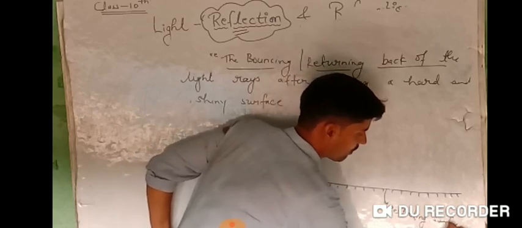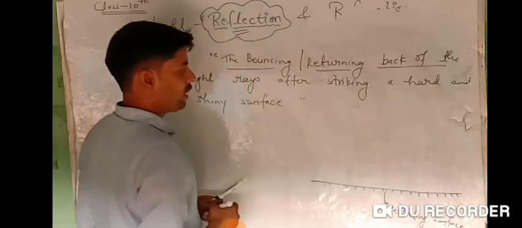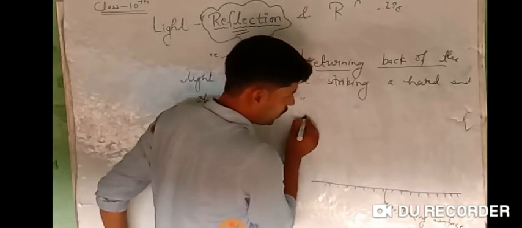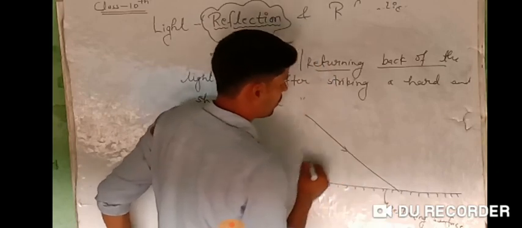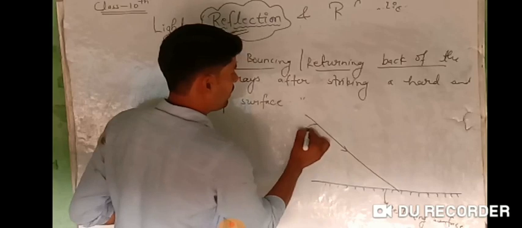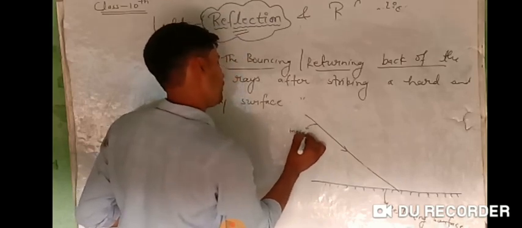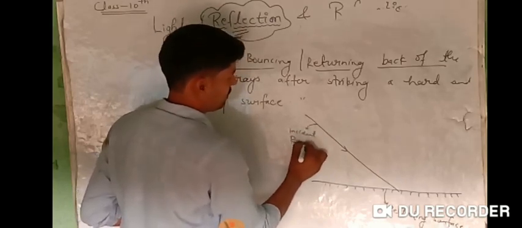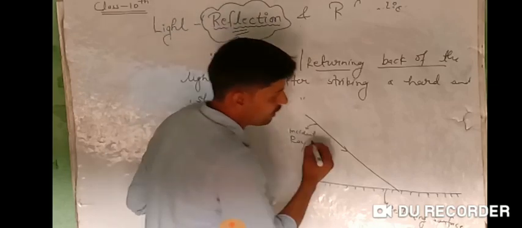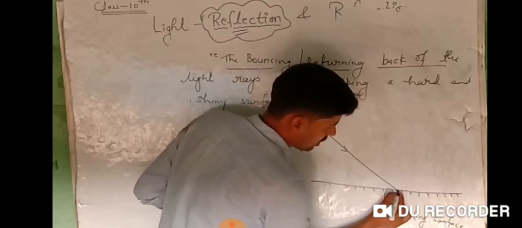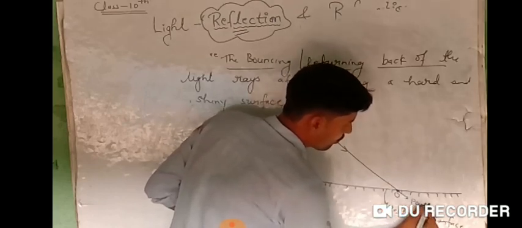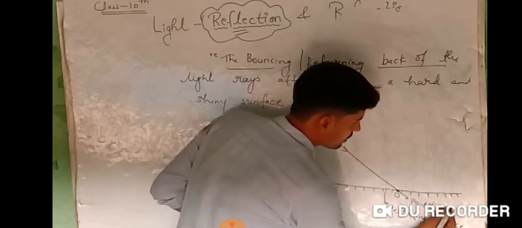Now the light ray which we put on this surface is termed as the incident ray. The point at which the incident ray strikes the surface is known as the point of incidence.